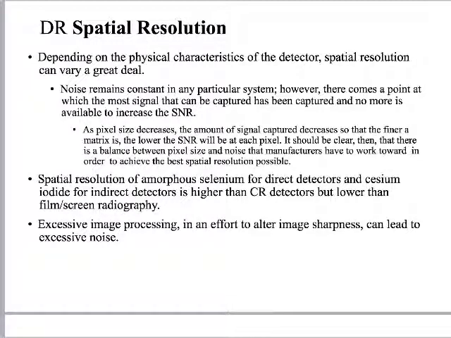So noise is going to be there in any particular system, and there comes a point where we can't increase the signal to noise ratio anymore, right? What we've talked about in the past is that as pixel size decreases, right, spatial resolution improves, right? As we shrink the pixel size, spatial resolution improves.